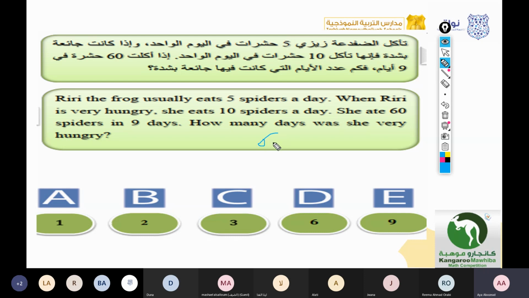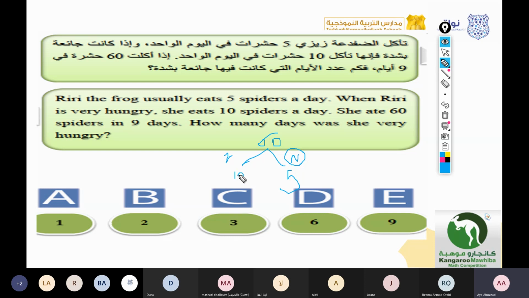Remember, 60 in total. Some days she is very hungry and some days she is not very hungry, just hungry as usual. So remember, in the normal days she ate 5. In the very hungry days she eats 10.